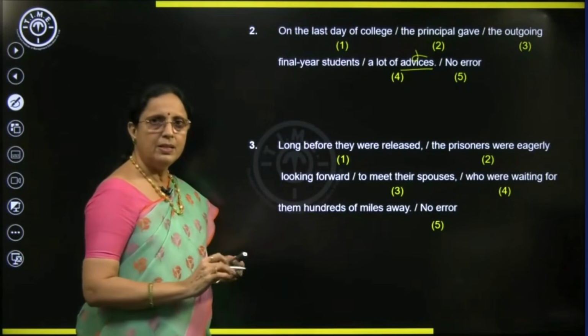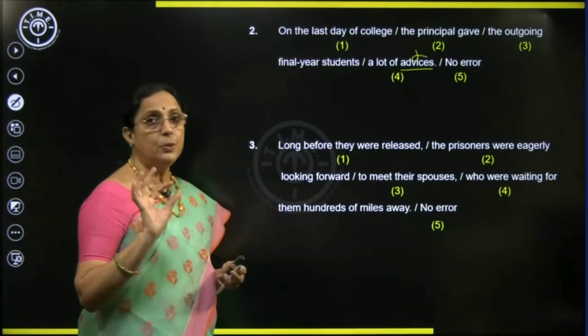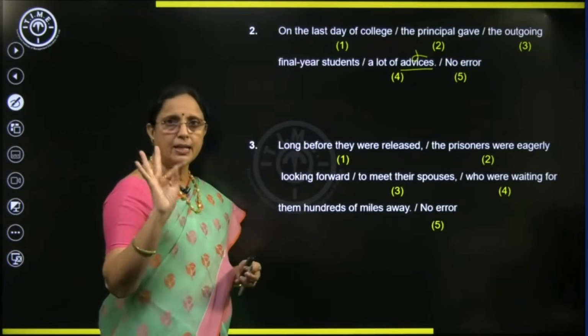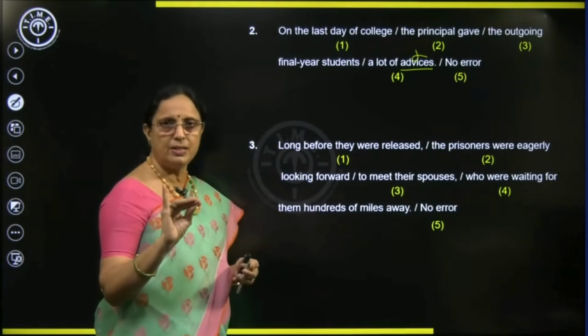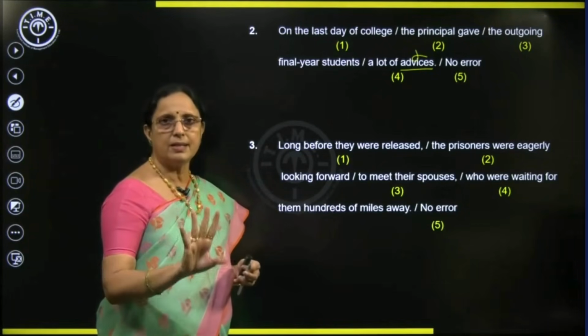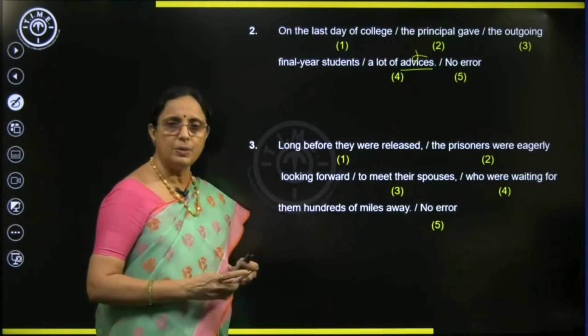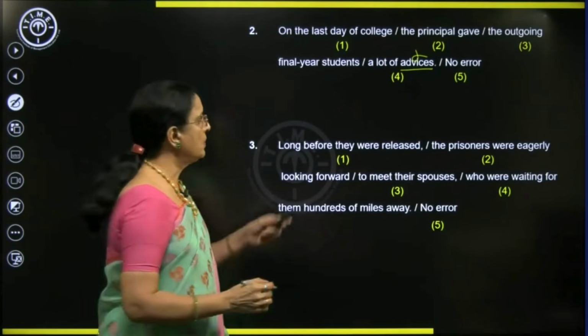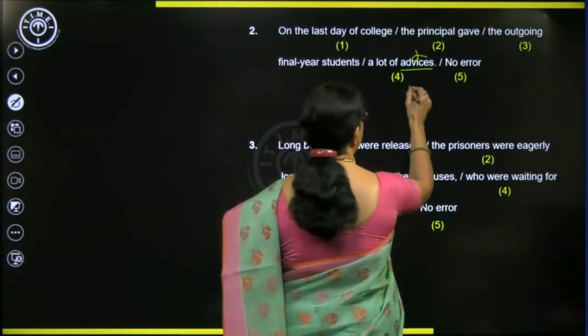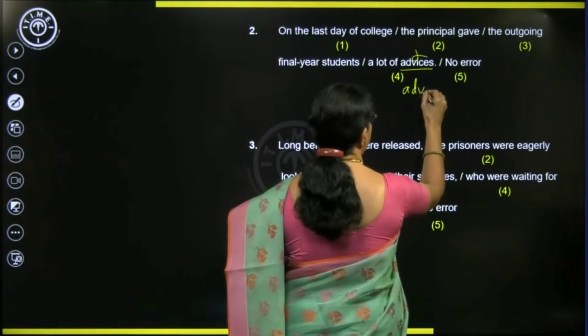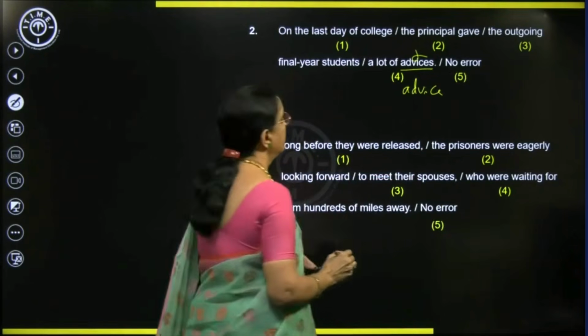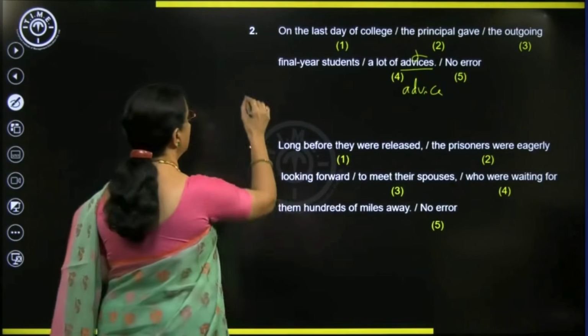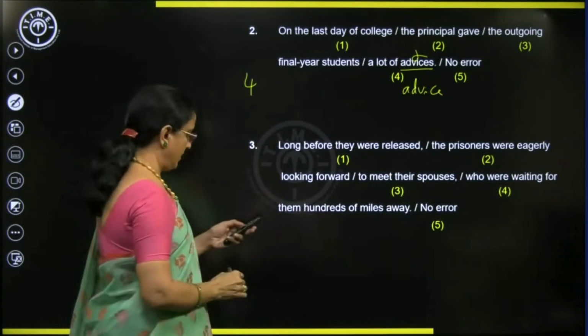Do you understand? So, we should not use them in plural at all. Advice, luggage, furniture, information. These are used only in singular. These are singular uncountable nouns. So, what's the correction here? A lot of advice. So, our answer is 4. You get it?